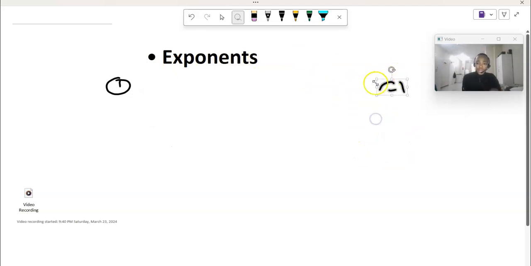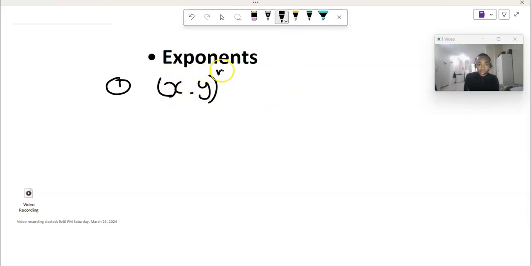So another one is basically multiplying the exponent. For instance, if we have (x times y) to the power n, what we're going to do is distribute the n inside. So both x and y will receive the n, right? So you will get x^n times y^n.